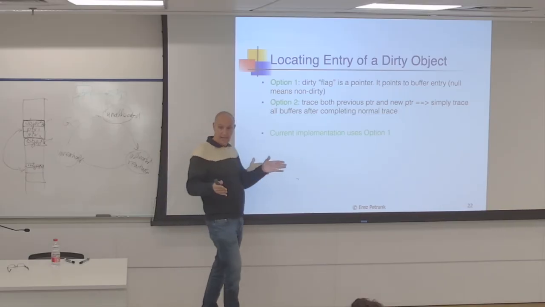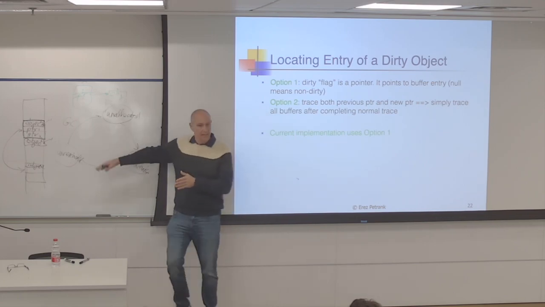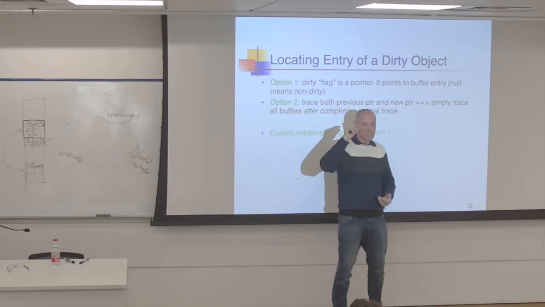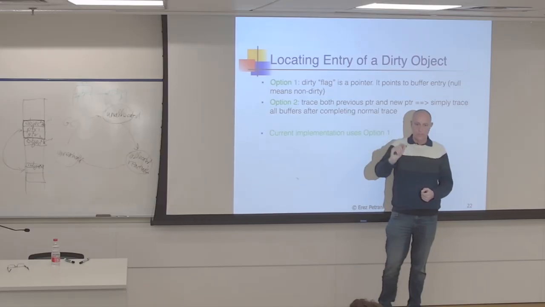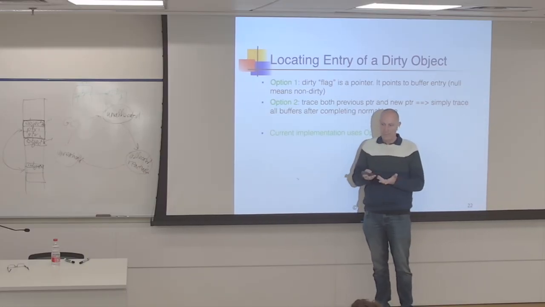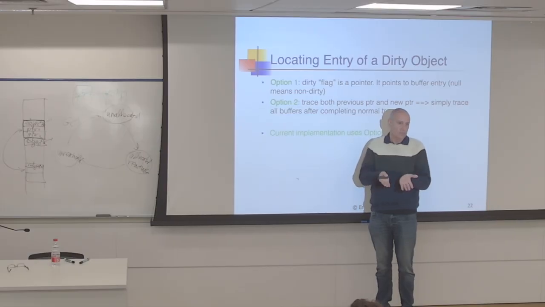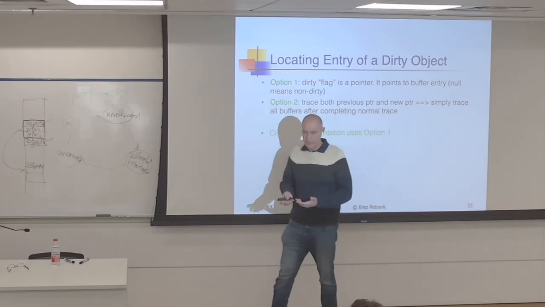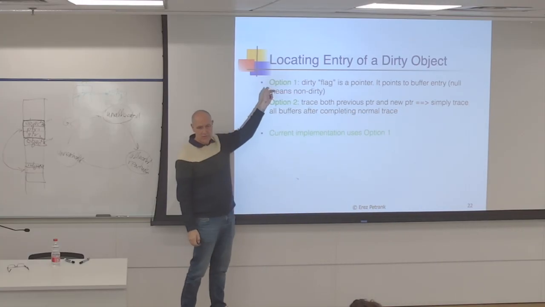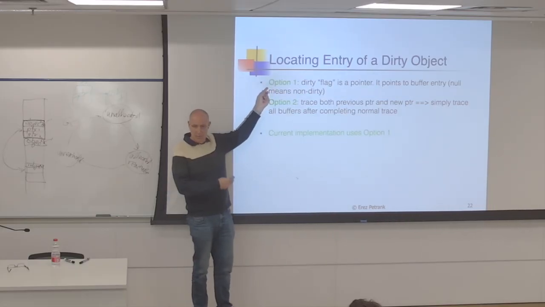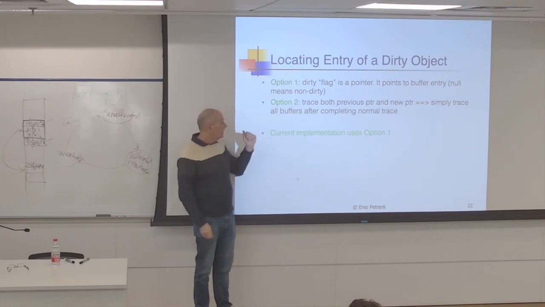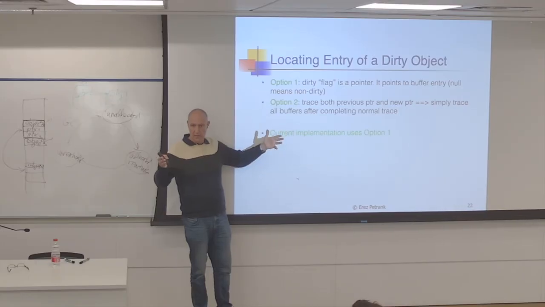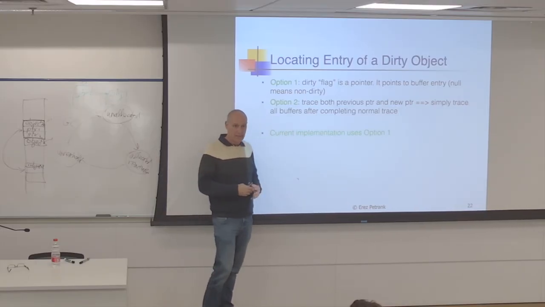Then when you're done, you take all the buffers until now and copy them to the collector's own space, and then it can find all the pointers that it wanted to traverse but couldn't use the heap for, because they were dirty. It just goes through the buffer and finds all those that it needs to traverse. So that's the other option. Yossi used this option, and you can think of this as the option that we teach. But if you want to save space and not use a full pointer for the buffers, you can just use a dirty flag and then you're fine.